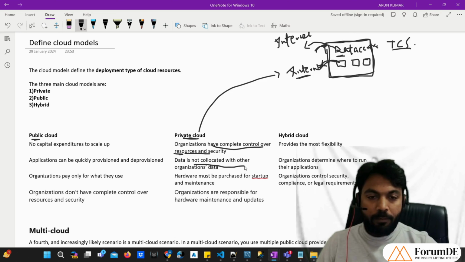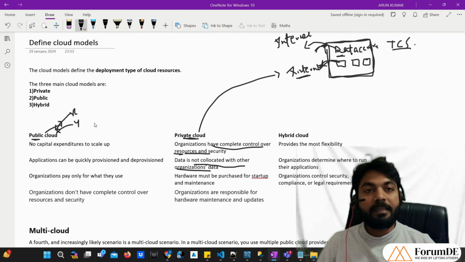Data is not co-located with other organizations' data. Since this is a public cloud, many companies may use it. Like there are two companies X and Y. Both of these companies may take a subscription to this public cloud, and their data may be present in the same data center. It may be possible, right?